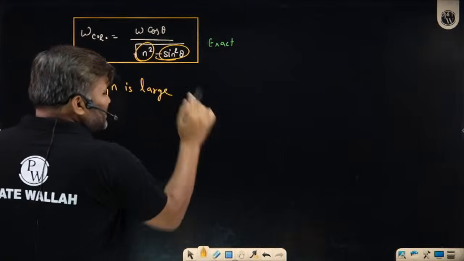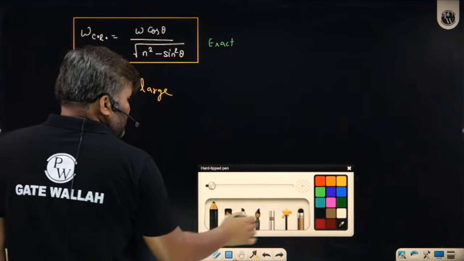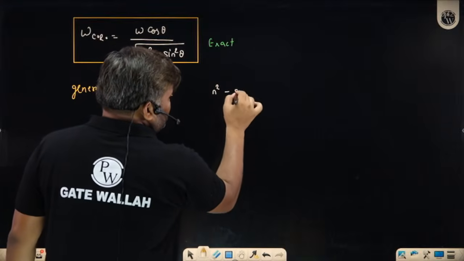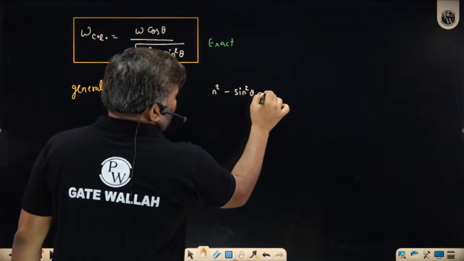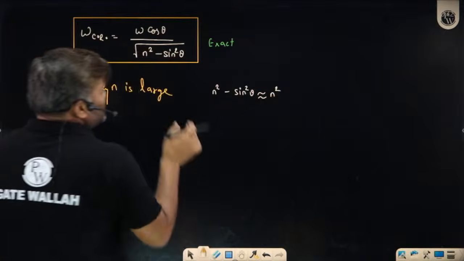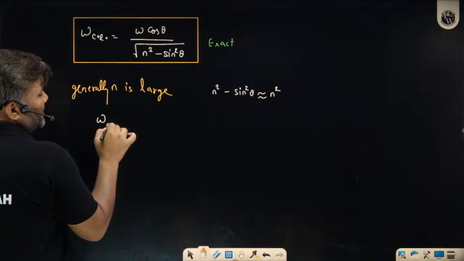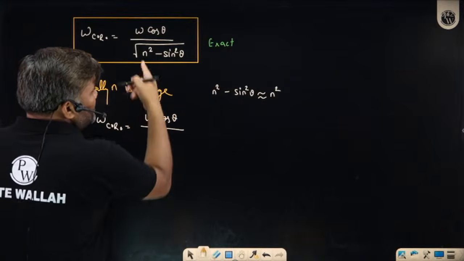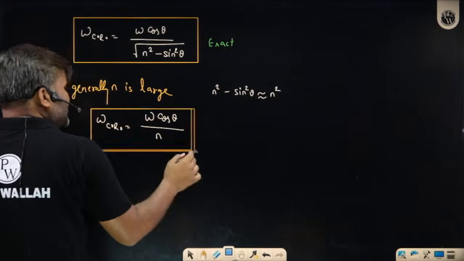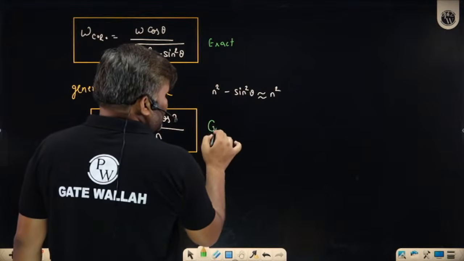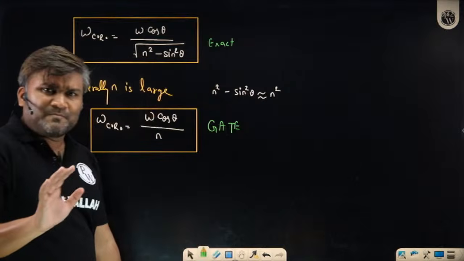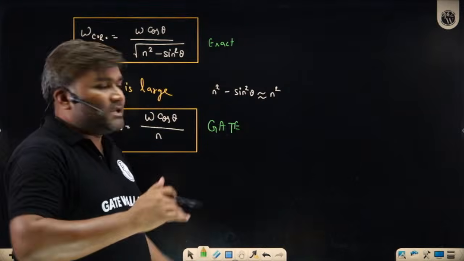So I am just ignoring the sin square theta term, and under root n square minus sin square theta I can approximately write as n. So I am left with the angular speed of the connecting rod equal to omega cos theta divided by n only. In the GATE examination you have to remember this, but this is not exact, this is approximate, but without much error I can use this value.